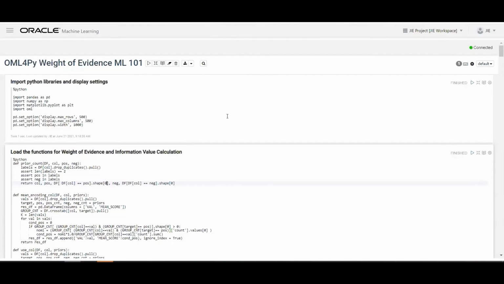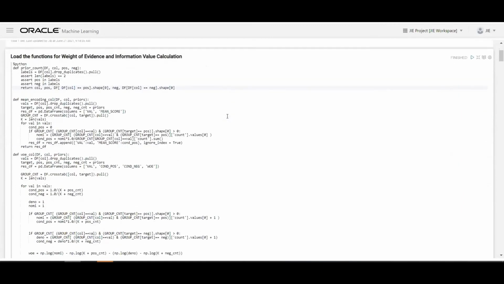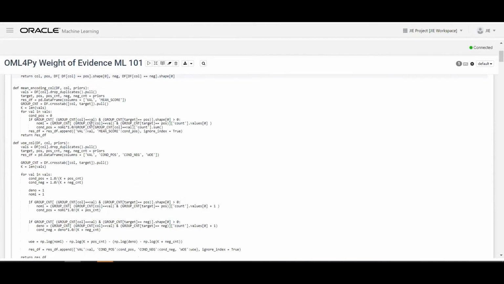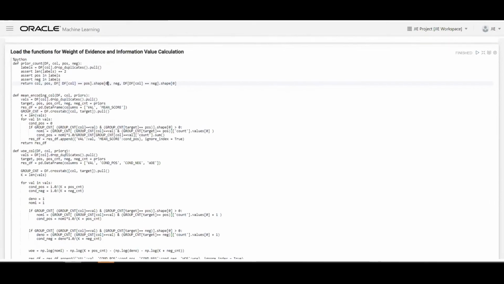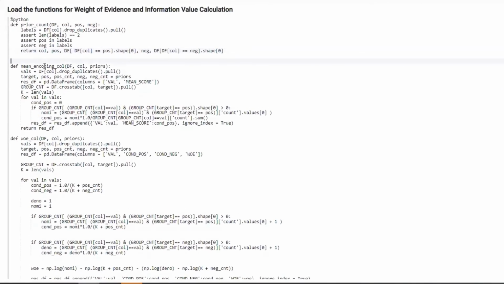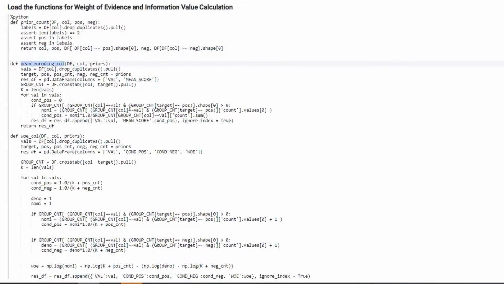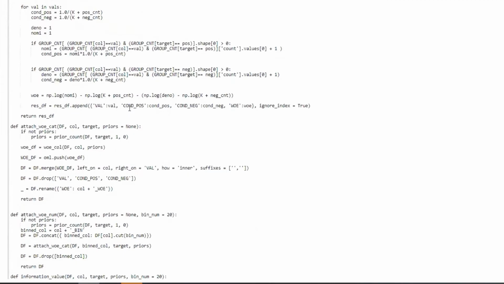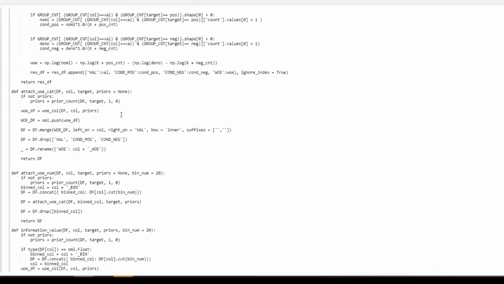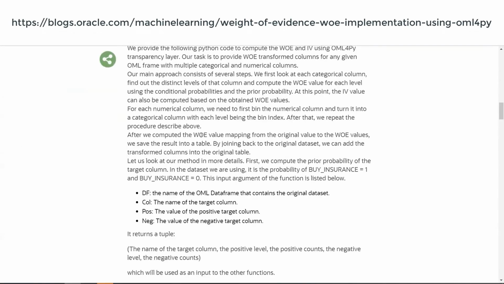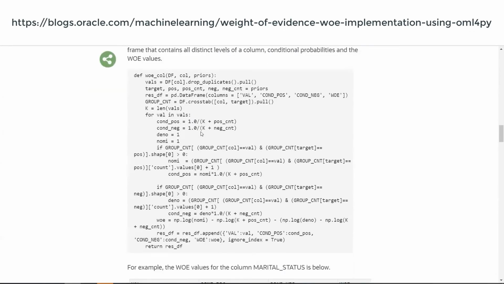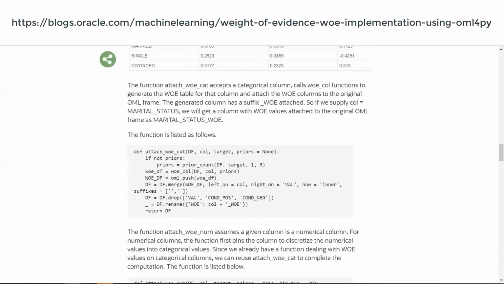So this is the OML notebook, and this paragraph contains our code for calculating the weight of evidence. I also added a function that calculates the mean encoding as well. I will not go into too much detail on this code; more detailed step-by-step instructions can be found in this blog.